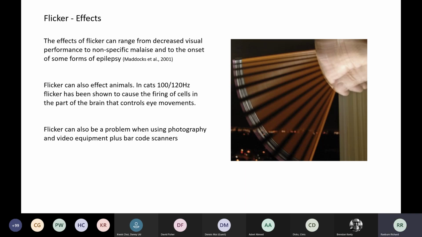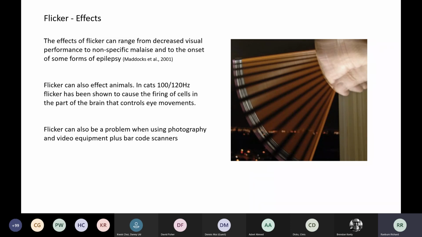Now, it is possible. I did some short experiments on the bench regarding flicker and current ripple with a camera system or video system, and it's quite interesting because I found that even with a driver with a high ripple output, I could see the flicker there quite easily when I was recording at 24 frames a second.